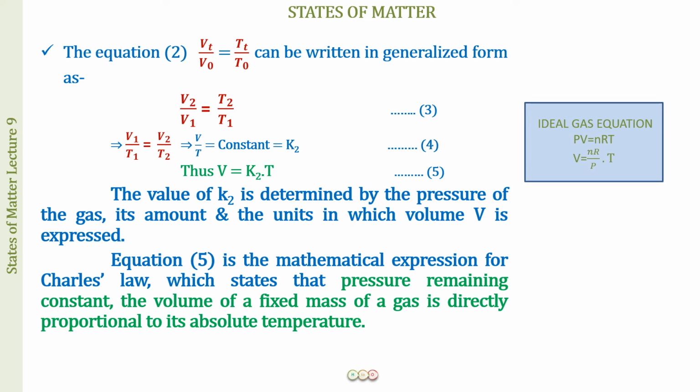So we have the definition of the Charles law once again redefined, or the modern definition of the Charles law, according to which, the pressure remaining constant, the volume of a fixed mass of gas is directly proportional to its absolute temperature. Perfectly fine. I hope the whole concept should be now very well into your brains. You will not be forgetting anything. This is going to be every bit of it very important for you.